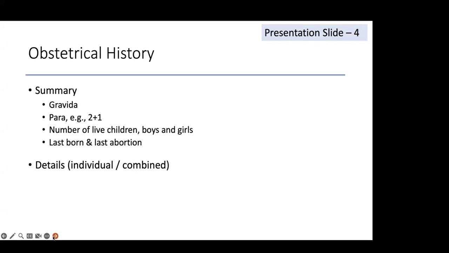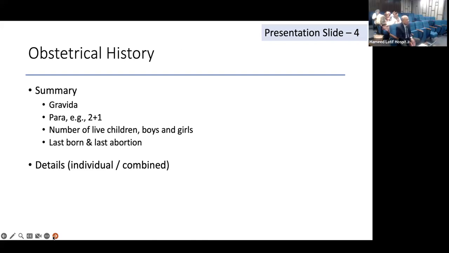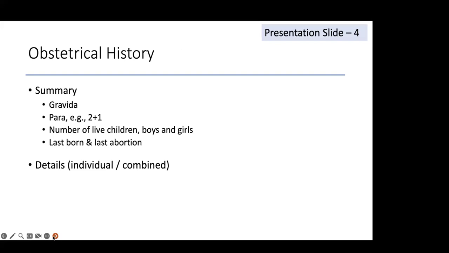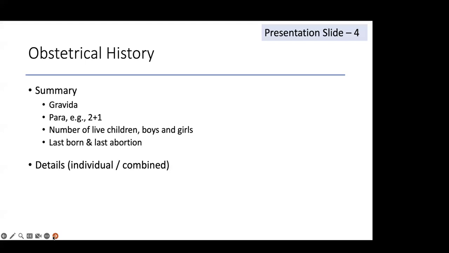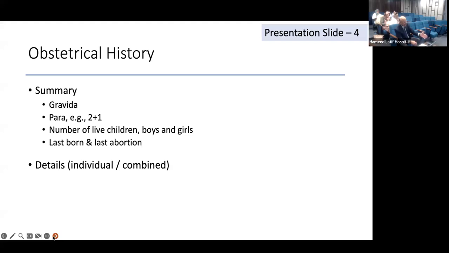Obstetrical history: a summary of the obstetrical history is that you mention the number of pregnancies that she has had and the parity, those pregnancies which were carried beyond viability and those which ended in miscarriage, the number of live boys and girls, last born and last abortion. Again, this has to be said in the summary, and the details are still better.